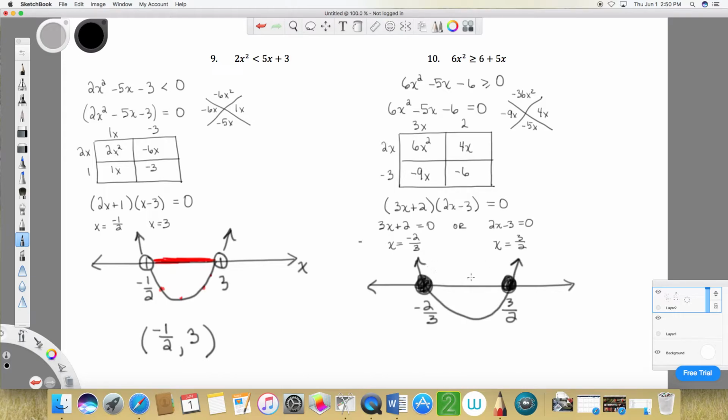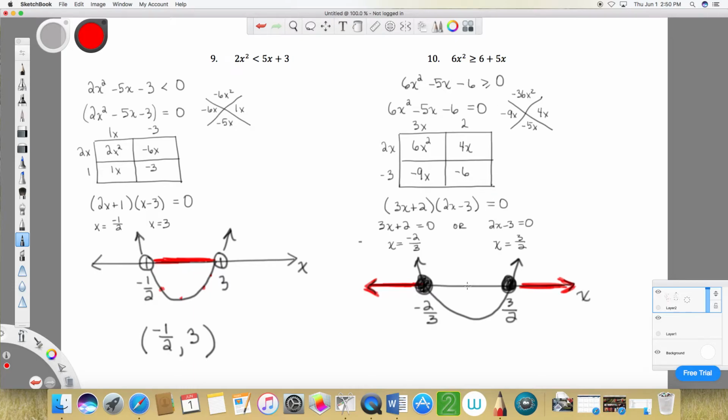I want values where, if you plug in x, the arithmetic results in 0 or positive, meaning that I want to be above the x-axis. So we see that if you plug in values that are to the left of negative 2/3 or bigger than 3/2, then I guarantee you that arithmetic is going to result in a positive number.